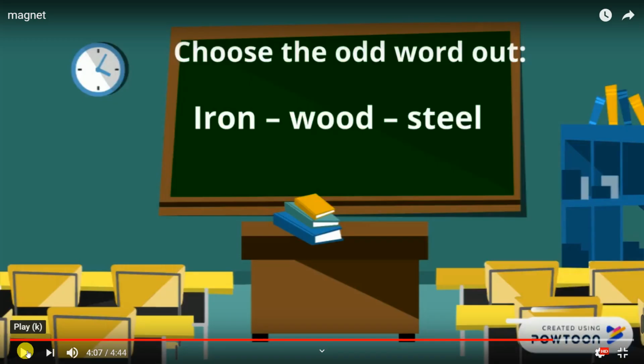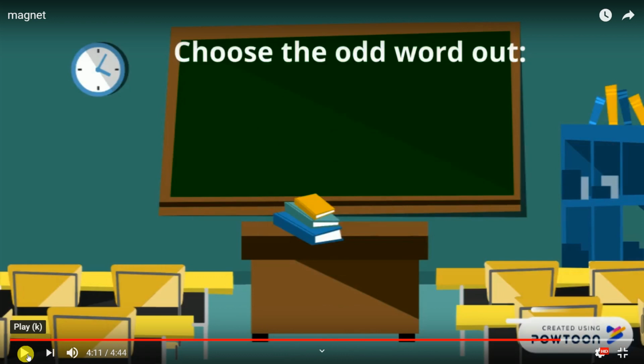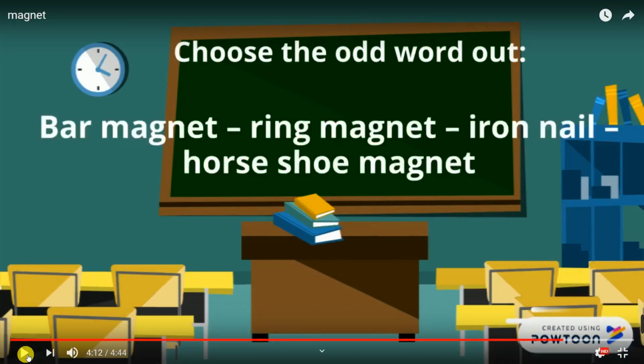Okay, now you have iron, wood, and steel. Which word is different here? Iron and steel can be attracted to a magnet. So we can choose wood is different because wood is a non-magnetic material. Now you have bar magnet, ring magnet, iron nail, and horseshoe magnet. Which word is different here?